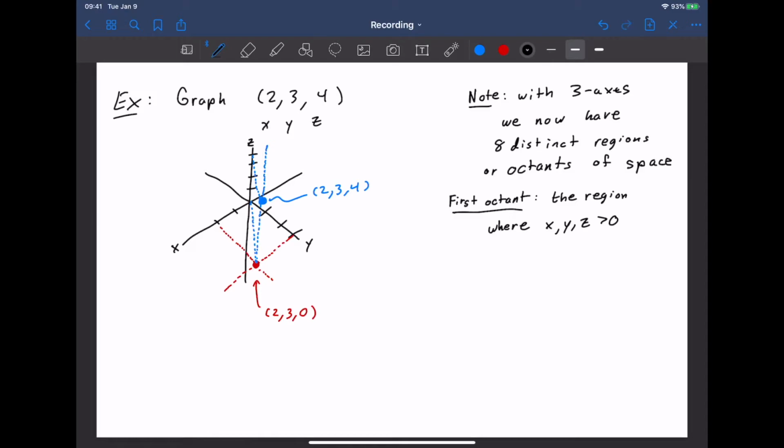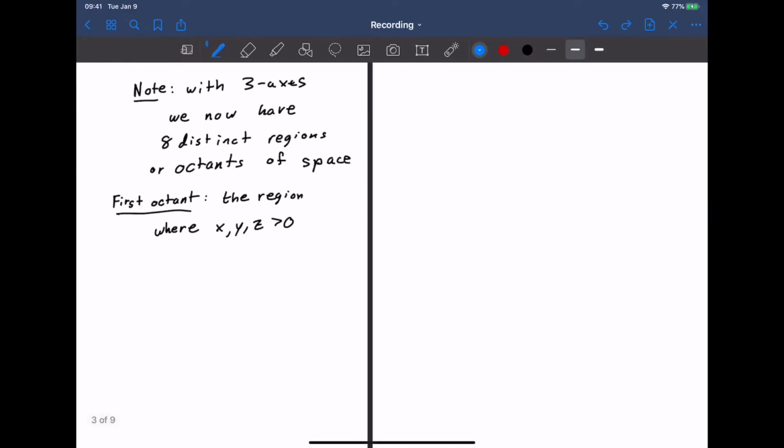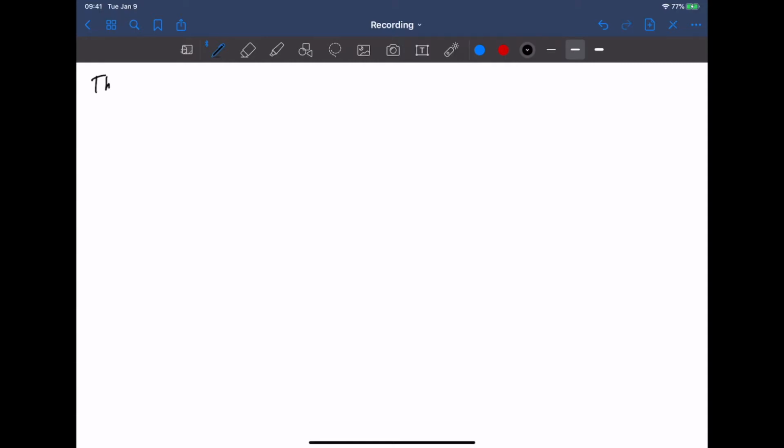Okay, so now we have a basic idea of what things look like. Let's go on to the next example. There are 3 important planes you need to know and need to be able to find. I'm going to use 3 different colors here.